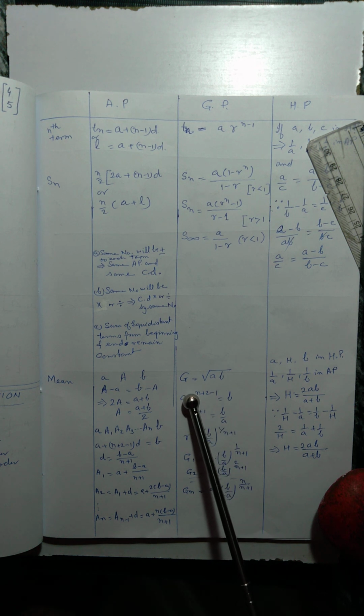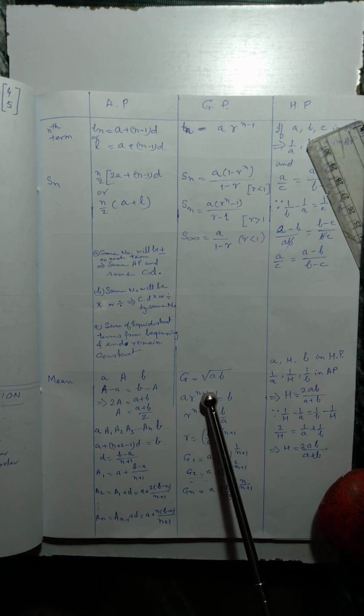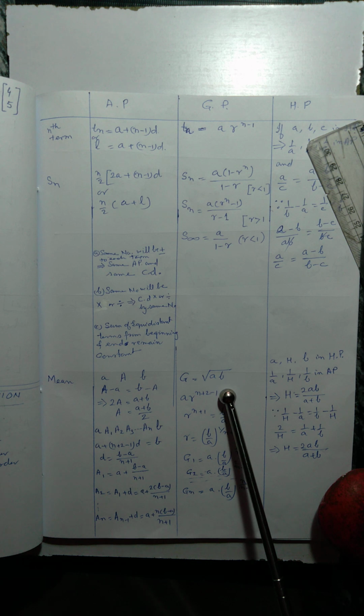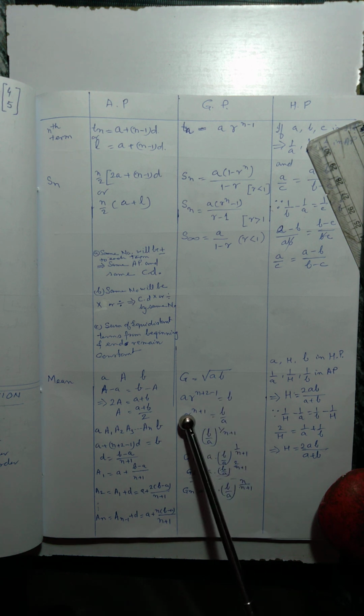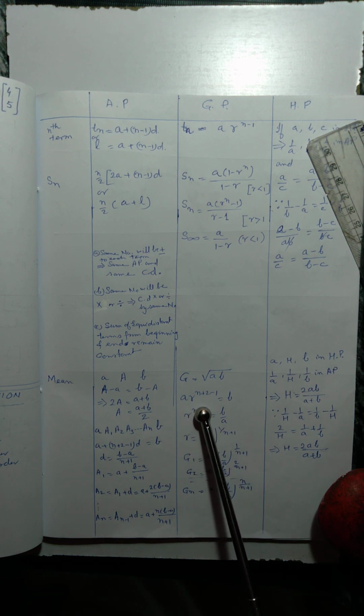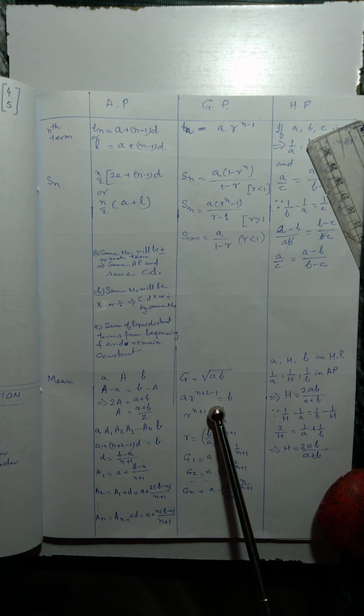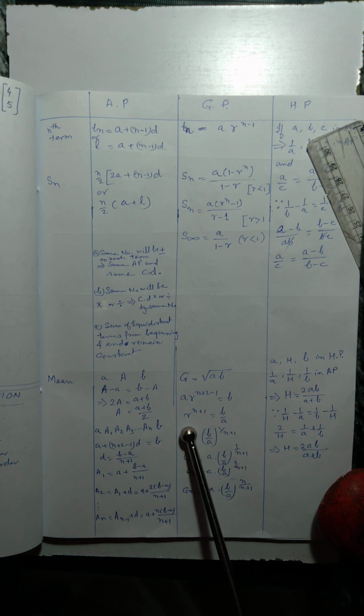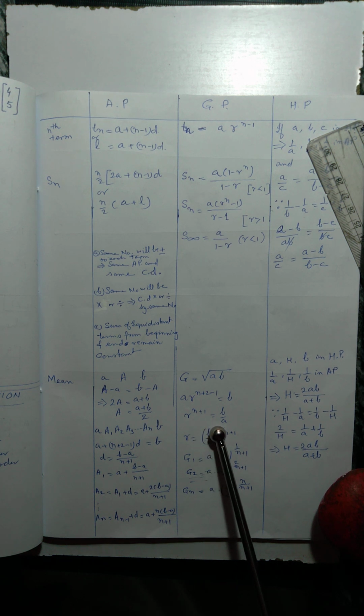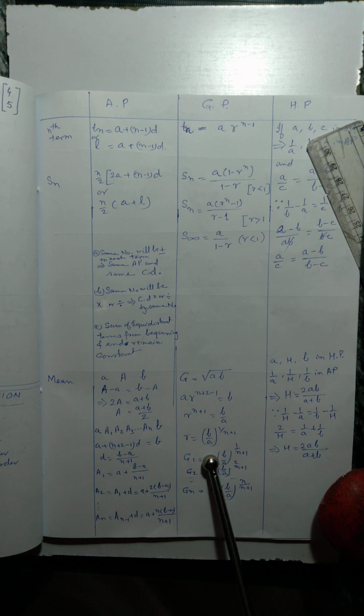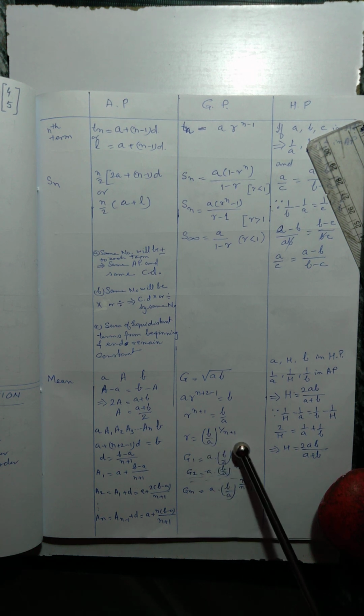Now the geometric mean can also be given by the root of ab. So a into r raised to power n plus 2 minus 1 is equal to b. So r into r raised to power n plus 1 will be equal to b by a. So r will be equal to (b/a) raised to power 1 upon n plus 1.